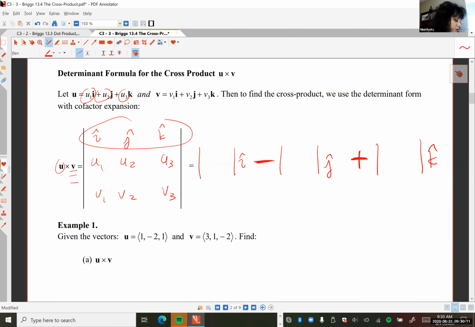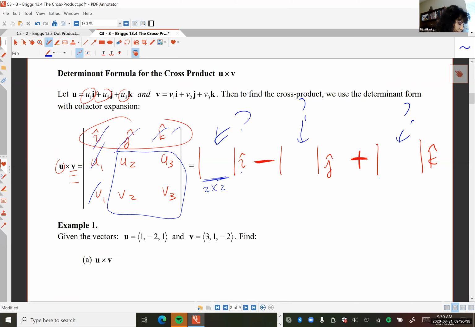But these 2x2 determinants are easy to get, but you have to figure out what to put in these blanks that I left here. Watch closely. If I were teaching face-to-face, this would be a lot easier to teach you. To get the 2x2 determinant multiplied by i hat, temporarily block out the row and column that i hat lives in and look at the numbers that are sitting there. Those numbers go into this 2x2 determinant.